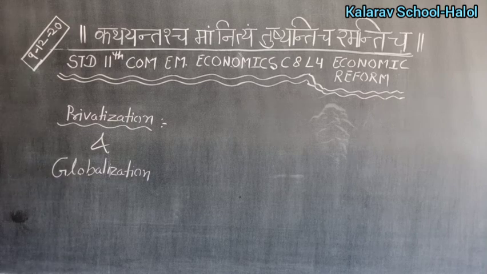It means whatever government organization, government company, or government enterprise is there in the process of production, all are sold by the government to private entrepreneurs, generating capital or income which strengthens the government treasury, and that process is called disinvestment. Thus the process by which the state disinvests from public enterprises is called disinvestment.